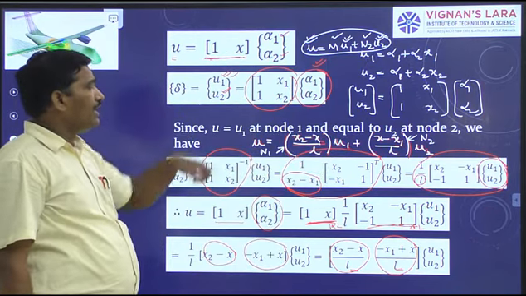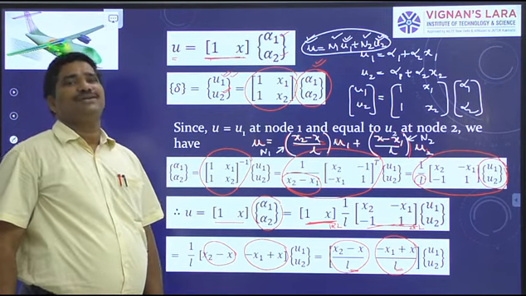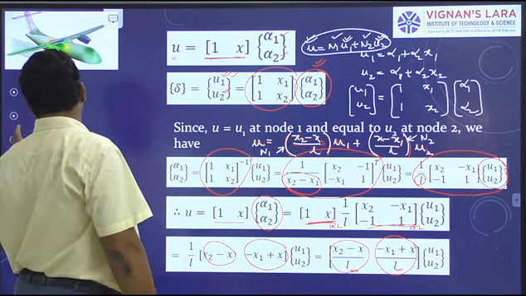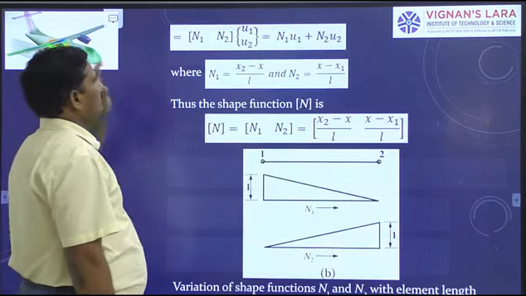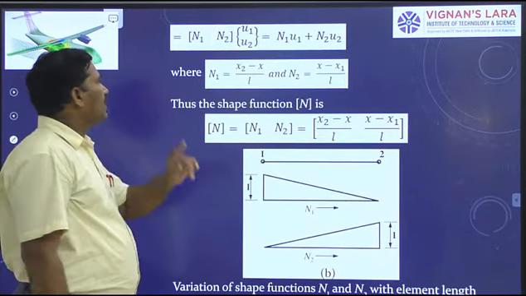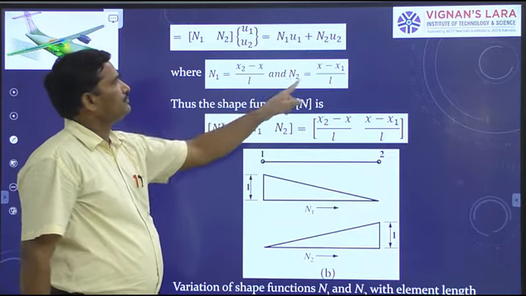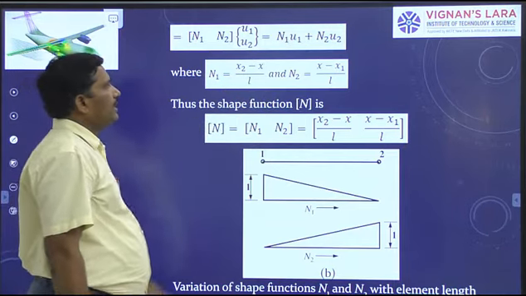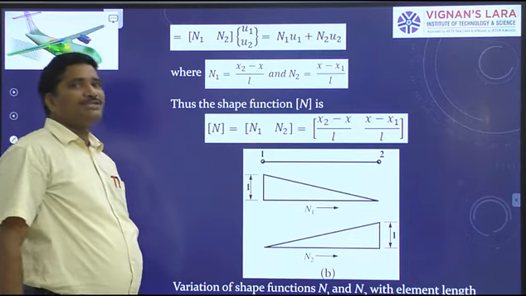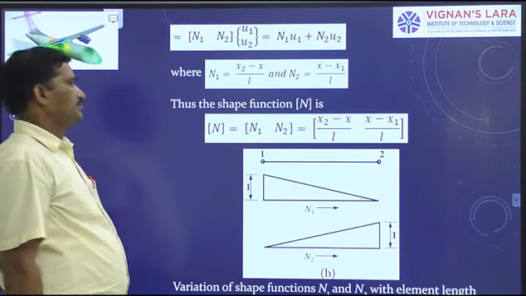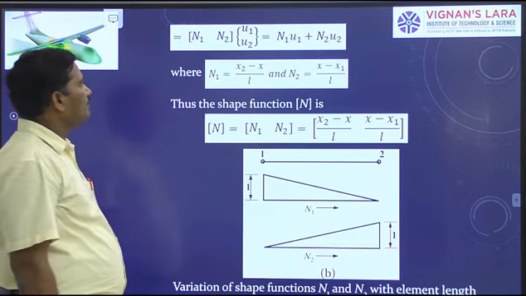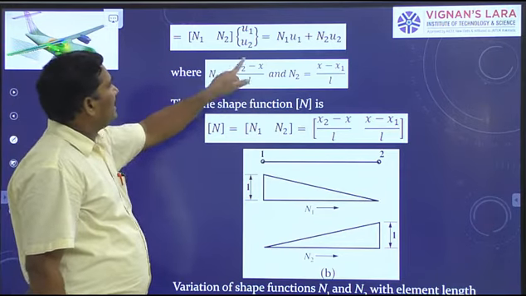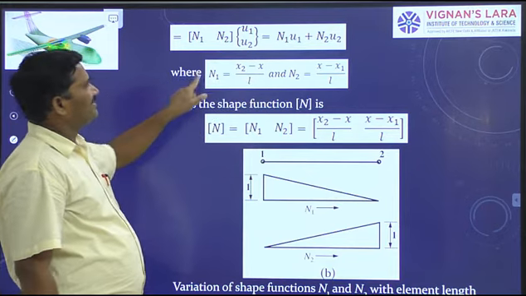What are N1 and N2? They are the shape functions derived in terms of the coordinate x. That is what we see here. N1 equals x2 minus x by L and N2 equals x minus x1 by L. Now here, this function represents a linear polynomial.